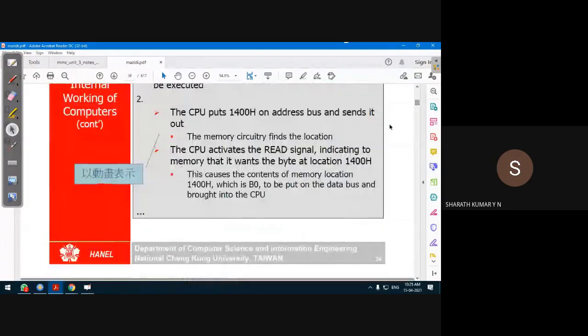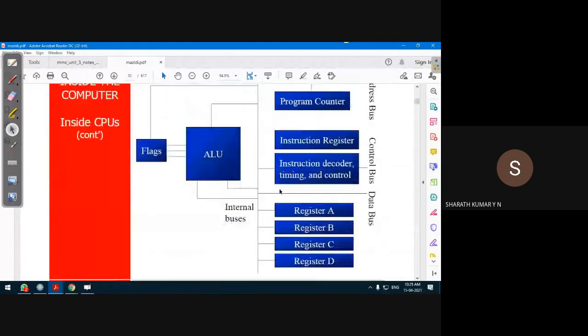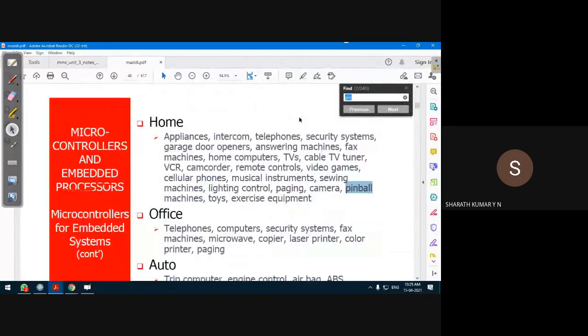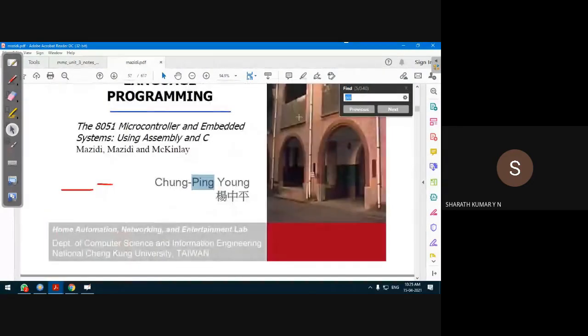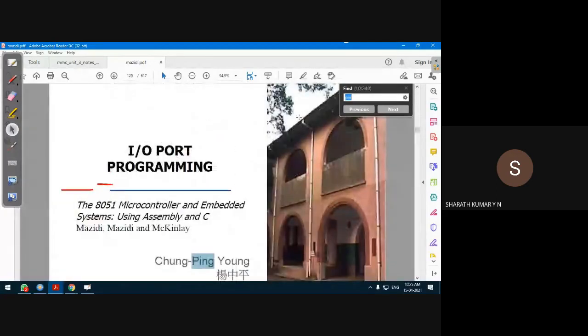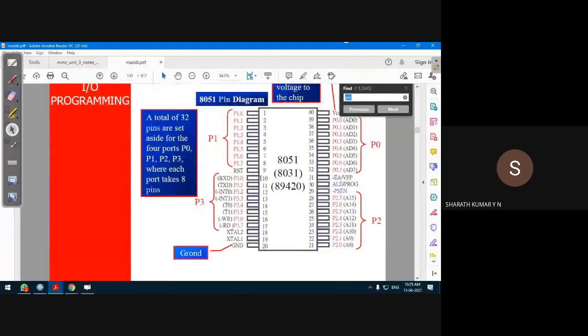This is more readable. For programming, in this only we have this pin diagram. It's an 8051 pin diagram, but this is not explained.